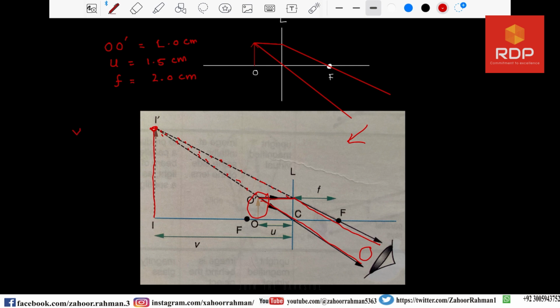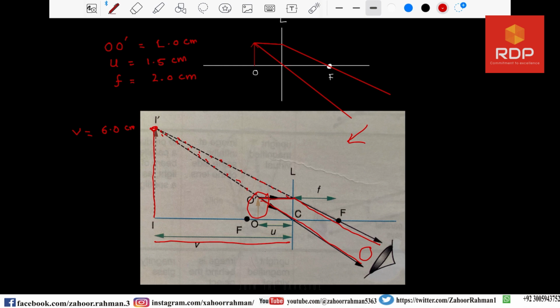We are measuring it to scale, and when we measure it, you can see that this is V, the distance of the image from the optical center, and that is 6 centimeter.